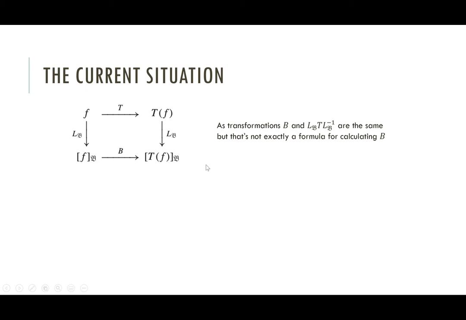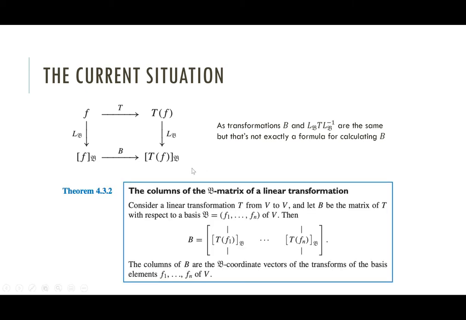I think really what we've got to do is kind of brute force it. So if we want to find this matrix B that takes a vector in its coordinates to the transformed vector and its coordinates relative to the basis, well, okay, if you've got this basis F1 to Fn, then B, you construct it column by column.